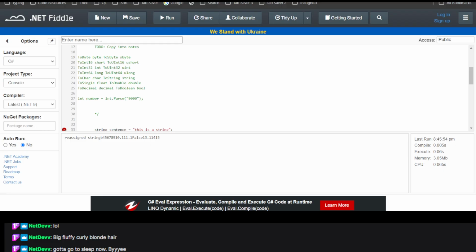Okay, it's just a graphic. It's a C# types. The convert class and the parse methods.